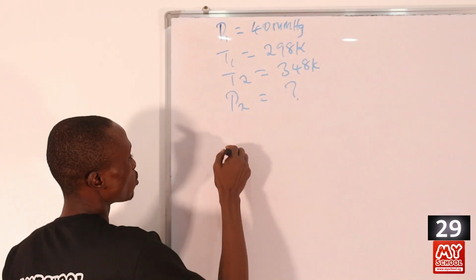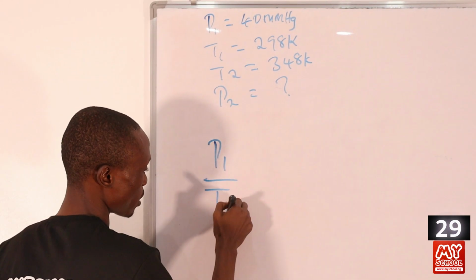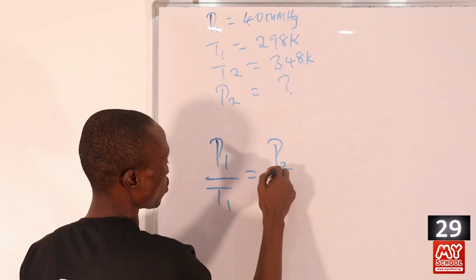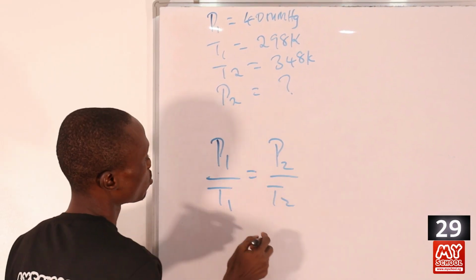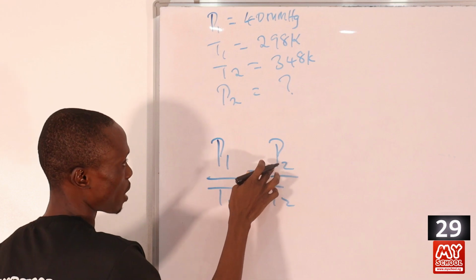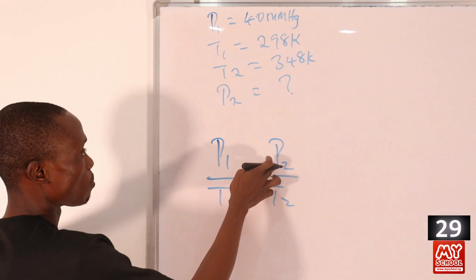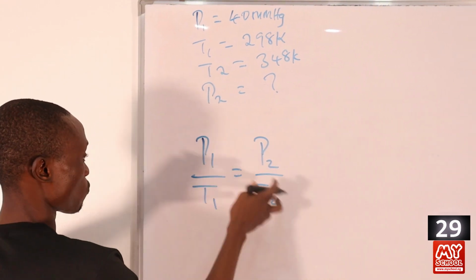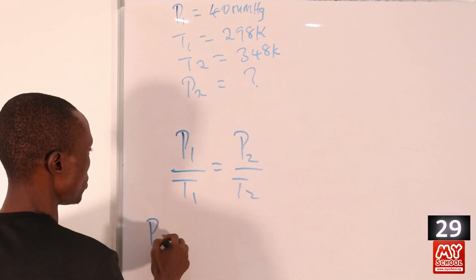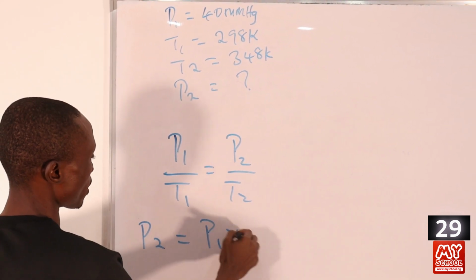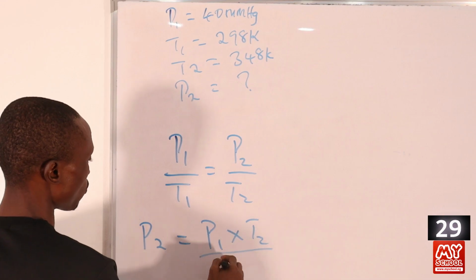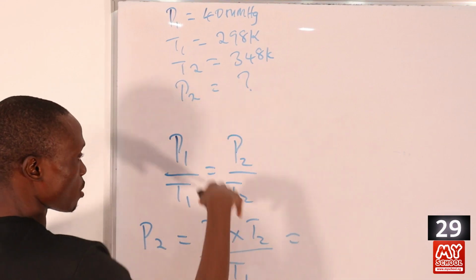So from pressure law, we know that P1 over T1 is equals to P2 all over T2. So here we are required to get the value of P2, which is the new pressure, right? So we'll make it the subject of formula. So here P2 will be equals to P1 times T2 all over T1. So we just substitute the values that are given to us.